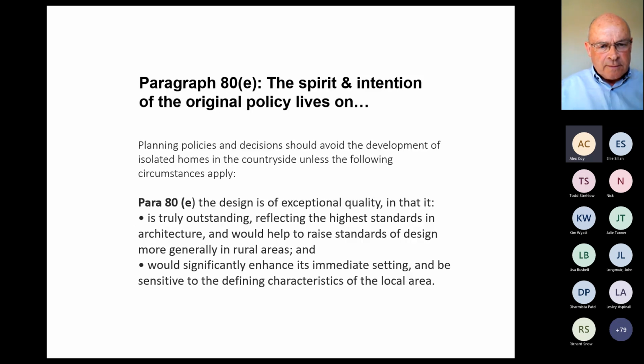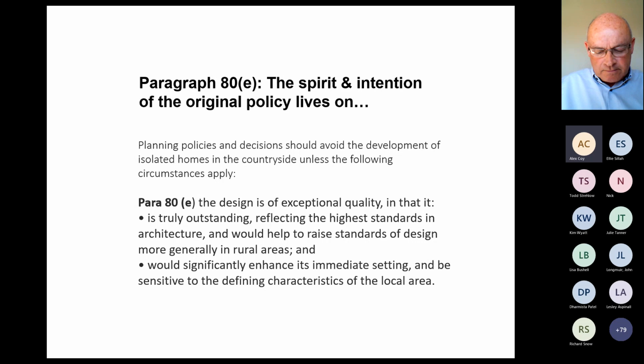So paragraph 80, it's bigger than this, but it's really, as Julie said earlier, paragraph 80E that interests us the most. The main paragraph talks about rural worker housing, converting heritage assets, reuse, etc. But we're really focused on 80E.